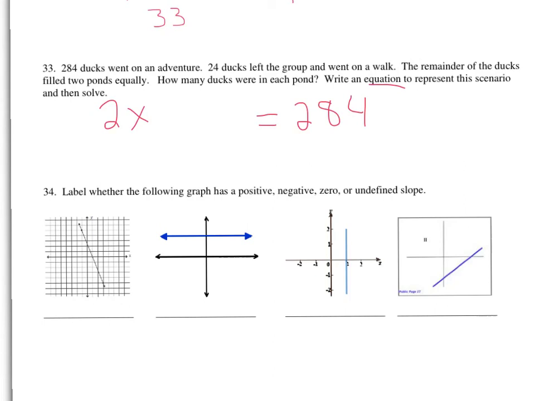So it's 2 ponds with an equal number of ducks plus 24 ducks that went on a walk. So all of the ducks combined, so the ones that were left in the pond plus the ones that went on the walk by themselves, together, these 2 pieces, they equal 284. So this is the equation that would represent this situation.